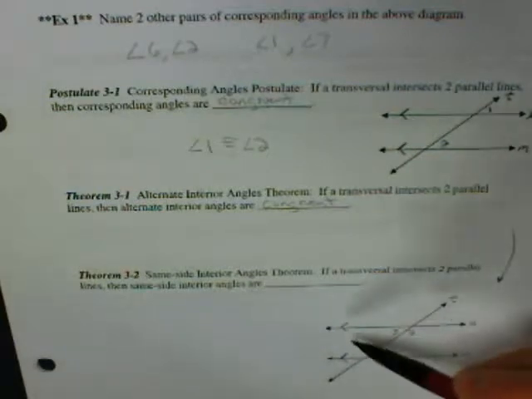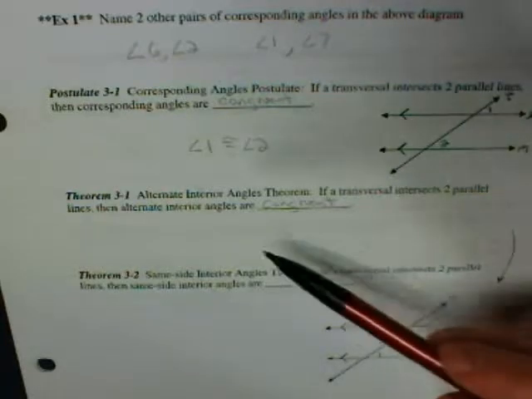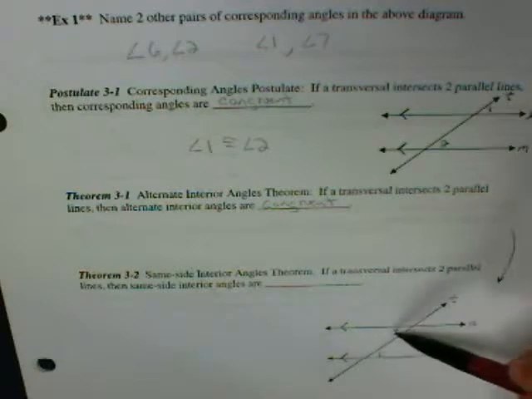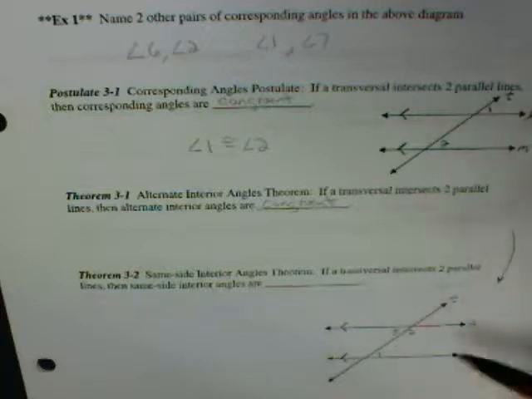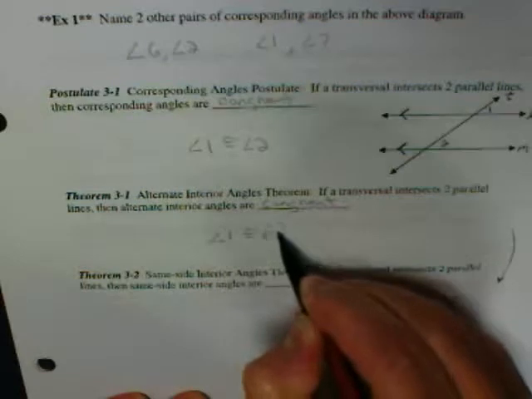So down here you have parallel lines A and B. Here's your transversal T. And our alternate interior angles are going to be angle 1 and angle 3. So because of the fact we know that they're parallel, our theorem tells us that 1 has to be congruent to 3. So angle 1 is congruent to angle 3.